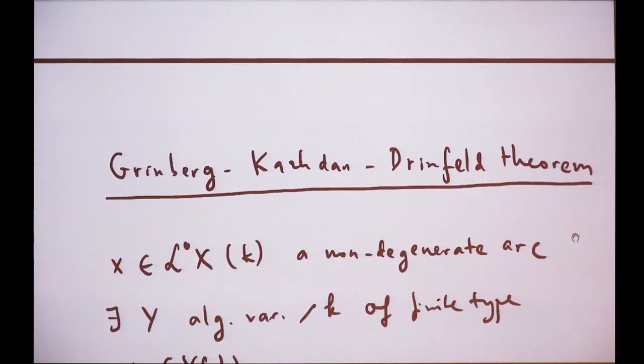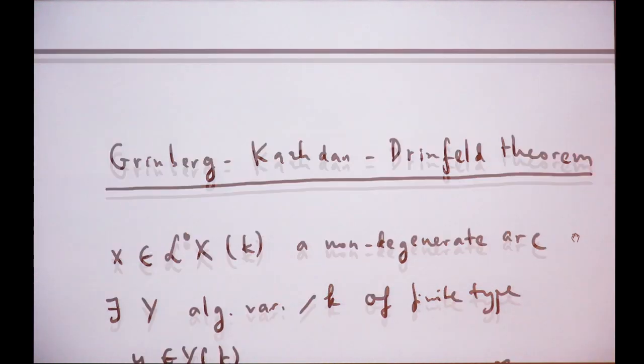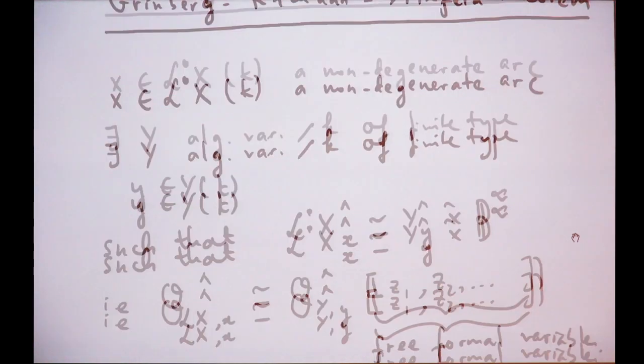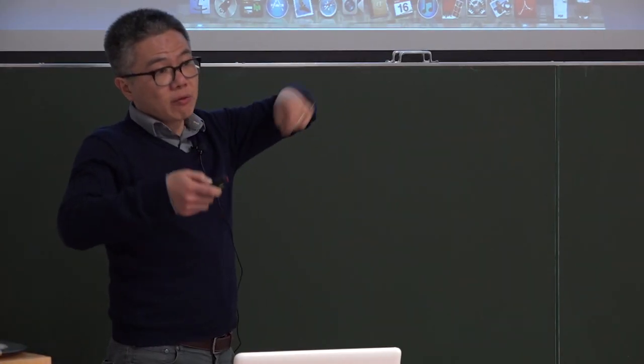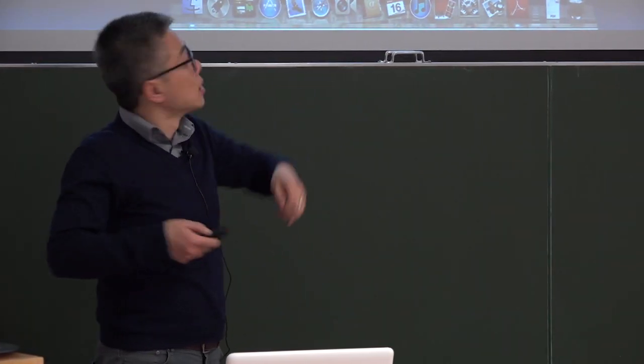For now, the best information we have on this is that it's very well behaved if you do formal completions. When you have the arc space, you have this gigantic ring with infinitely many variables and infinitely many equations. It's really a dusty ring.